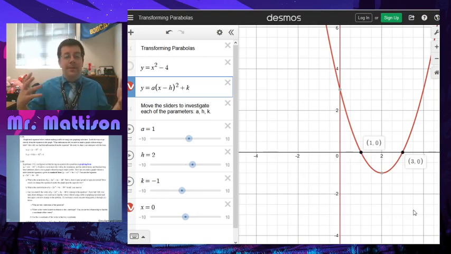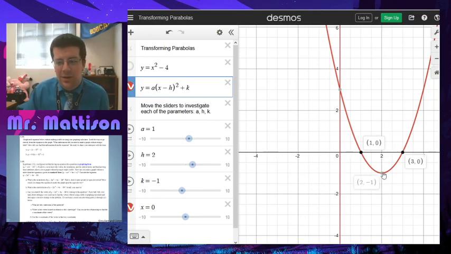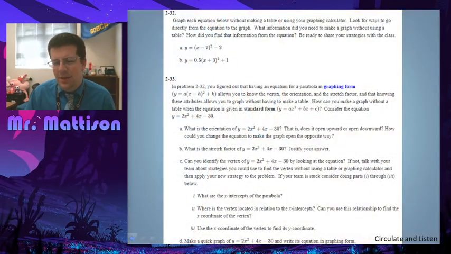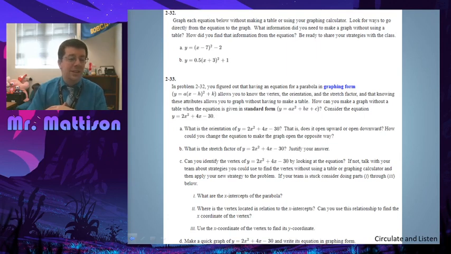Again, I could factor that, find those two as my intercepts, and then say, well, what's in the middle of 1 and 3? Well, it's 2. So my vertex has to have an x value of 2, and then I could plug in the x value of 2 and get a y value of -1 there. So graphically, that's what's happening. That's not really a commonly used tactic, because it's a little bit wonky, but it does work.